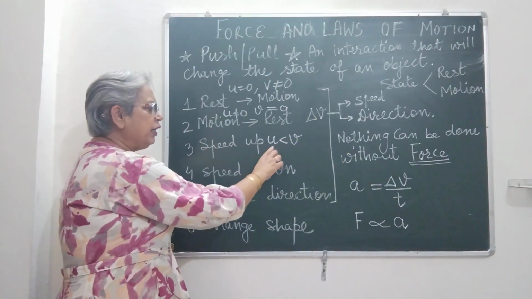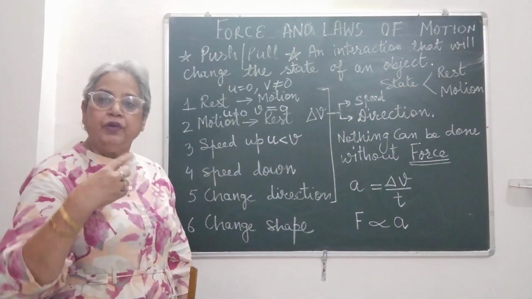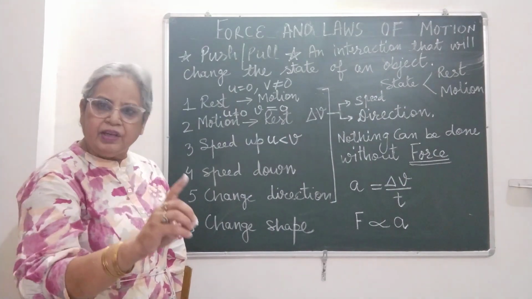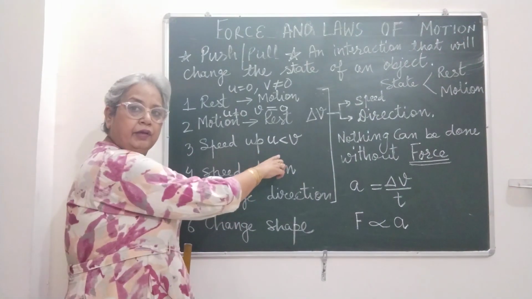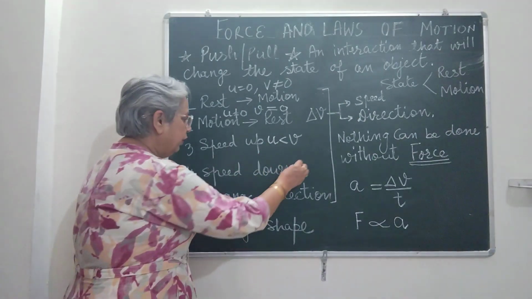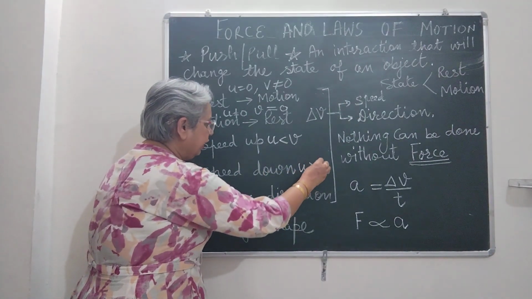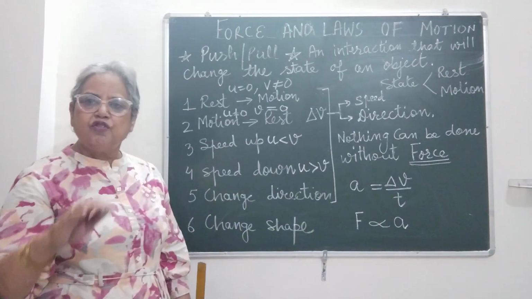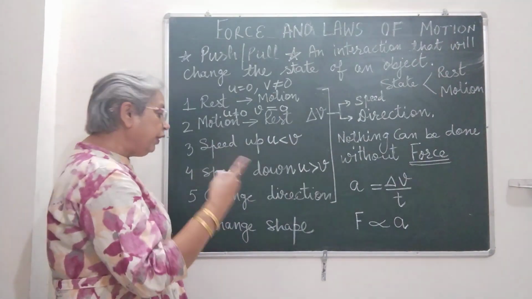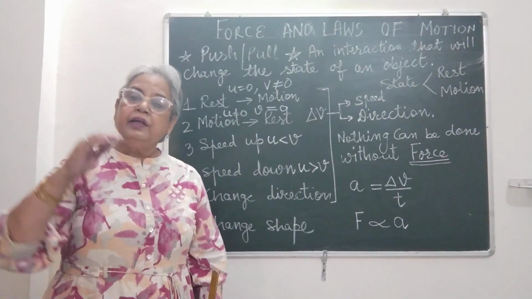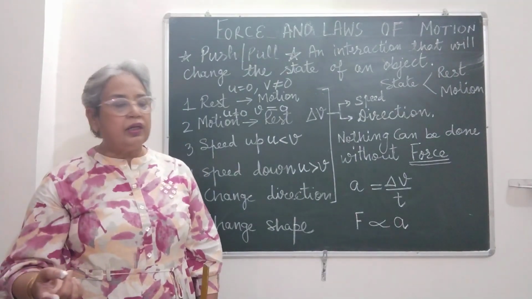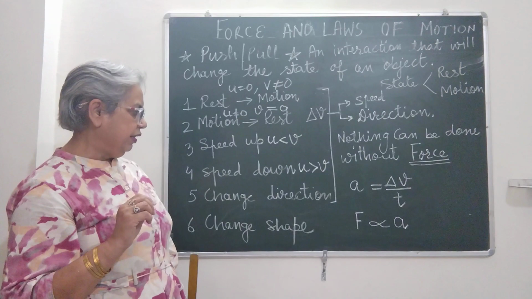That is, speed is changing with time in a same direction or maybe in different direction by applying force. Speed down, that means u is greater than v. That is, the speed is decreasing with time. Change in direction. So maybe u, v as well as direction both are changing, or only one is changing.